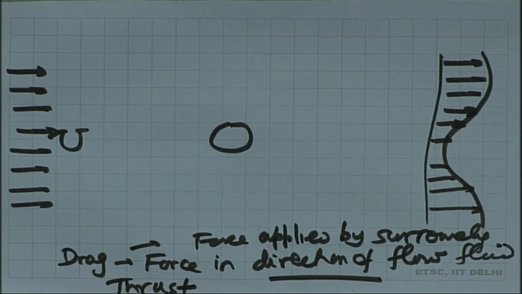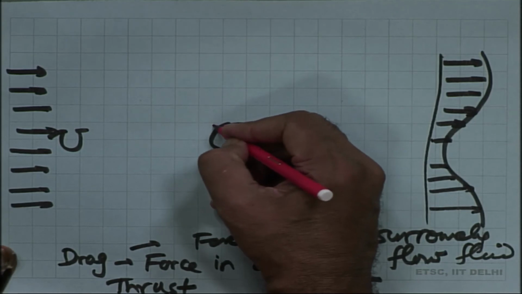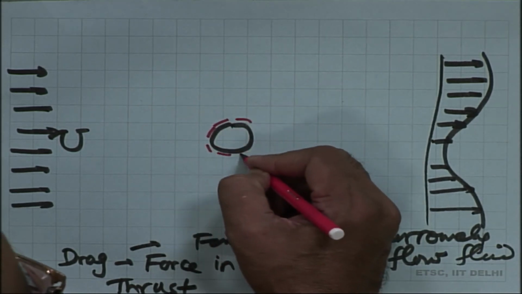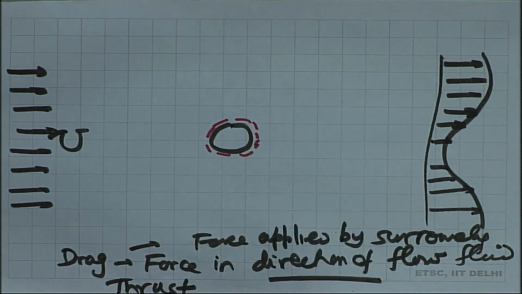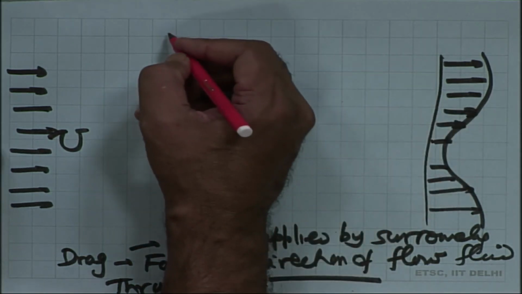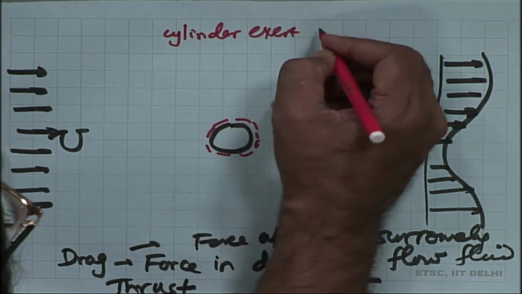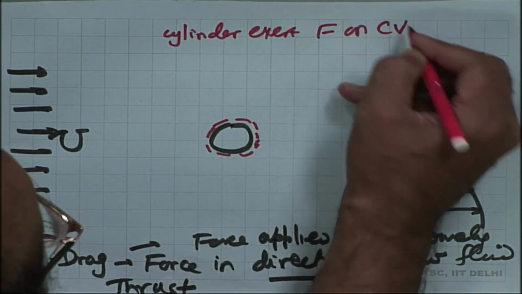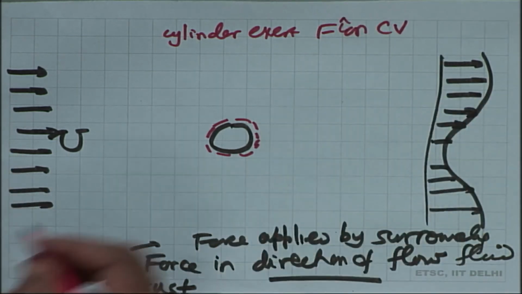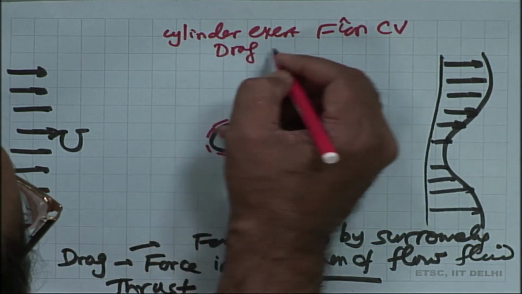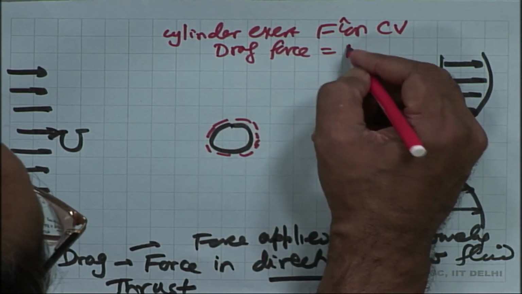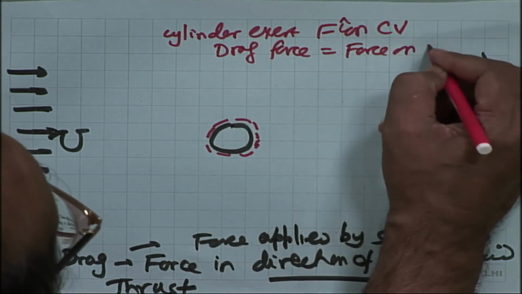So, if you have to find the drag force, let us see how to choose the control volume. We choose a control volume which just is outside the cylinder here, because now what will happen is the cylinder will exert force F on the control volume, or F of I on the control volume, and the drag force will be equal to force on the cylinder.